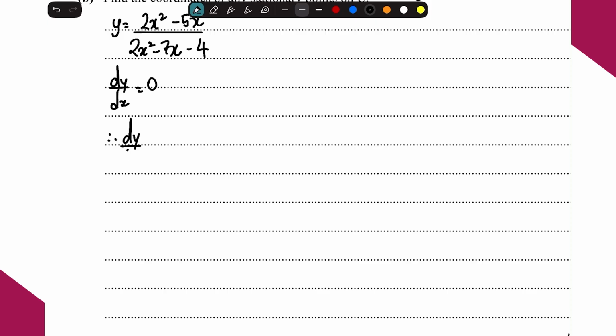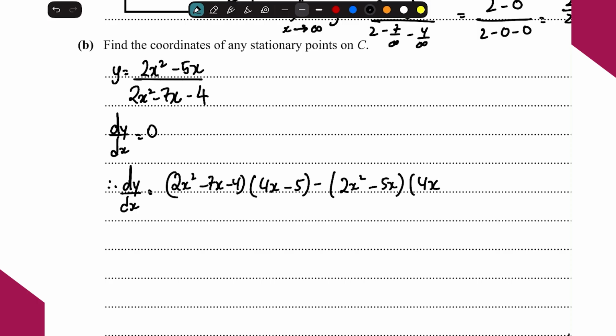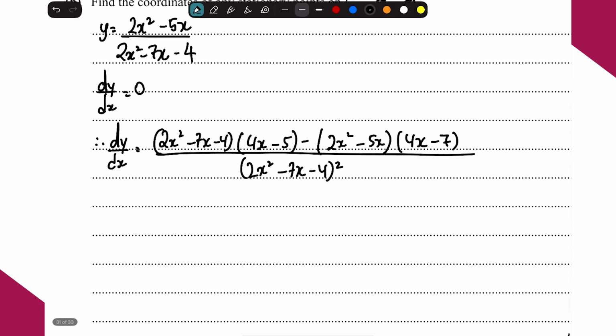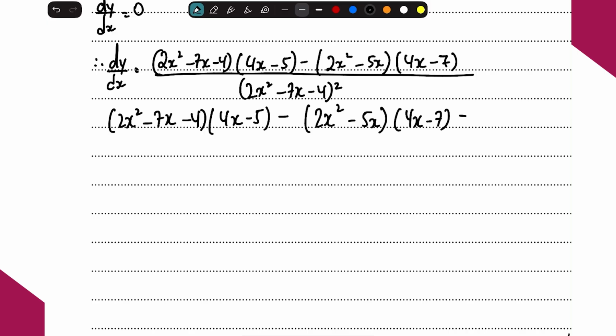So dy over dx is simply going to be v u prime minus u v prime over v squared. So we've got 2x squared, 7x minus 4, 4x minus 5, 2x squared minus 5x, 4x minus 7 equal to 0.